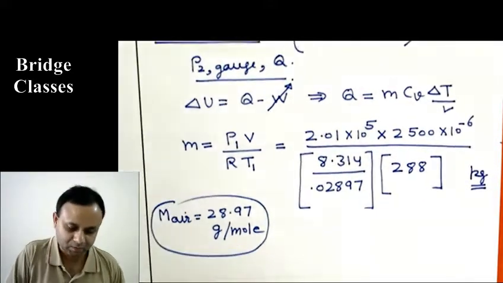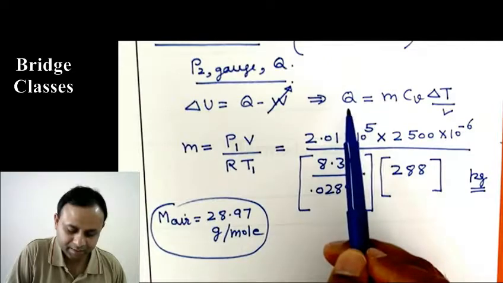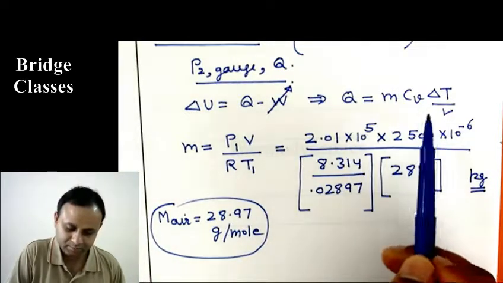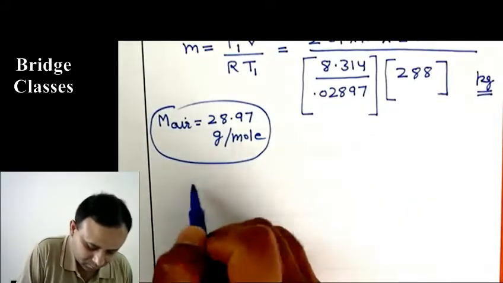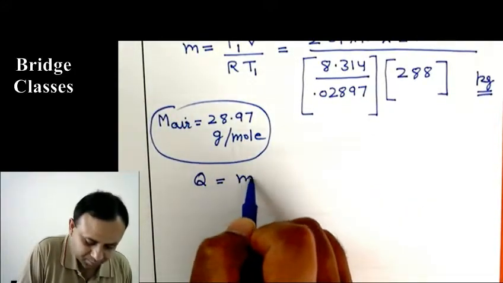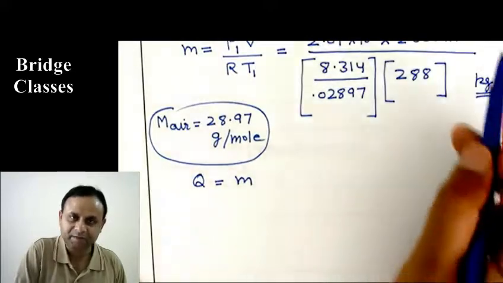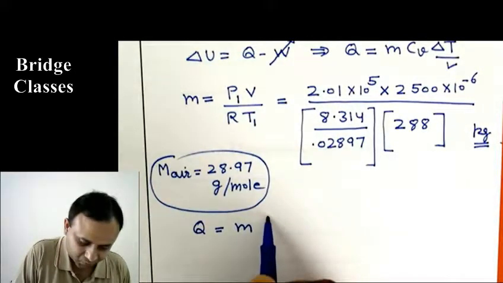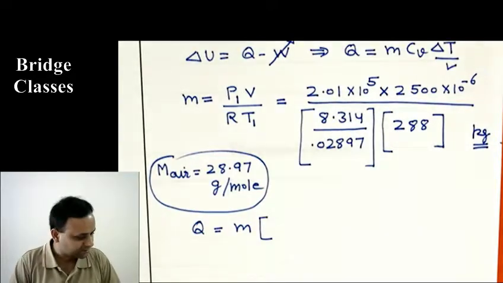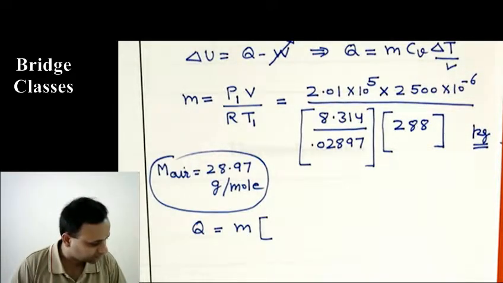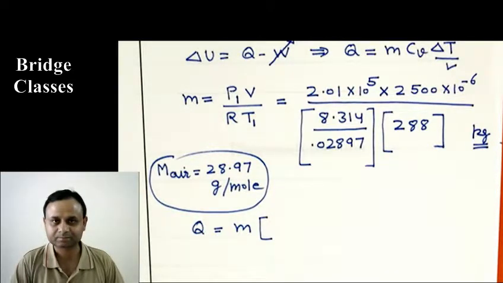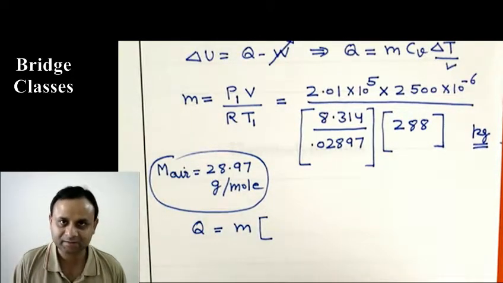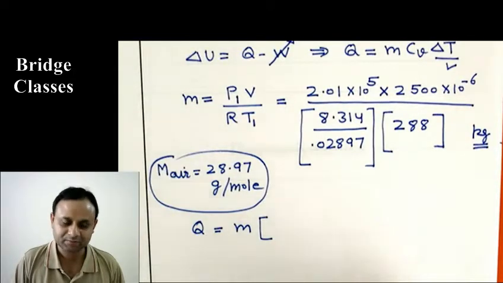Now we have m, and Q we have to determine, so just use this equation. Q is m, which we already got from here. I don't have the answer, but you have this number with you. And Cv for air is not even given in this problem. So a few things we have to remember.